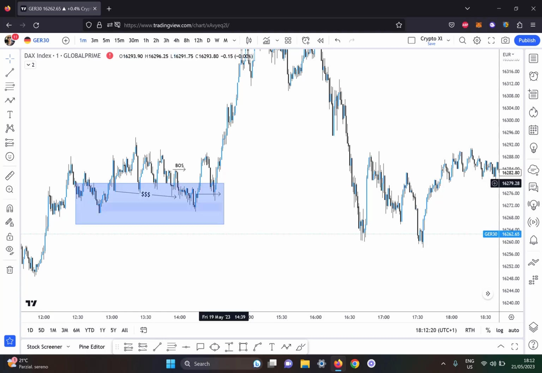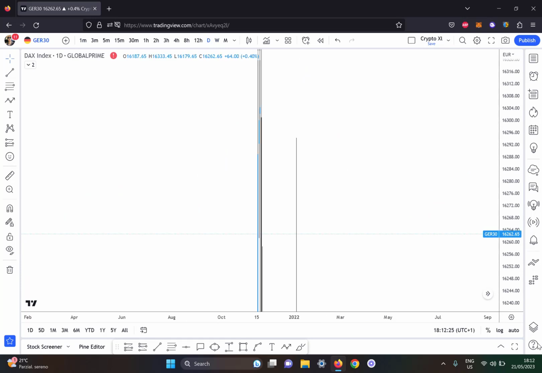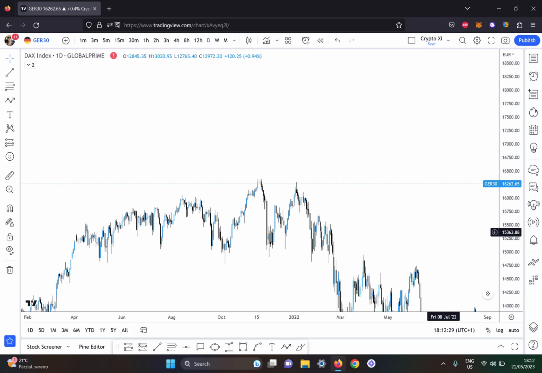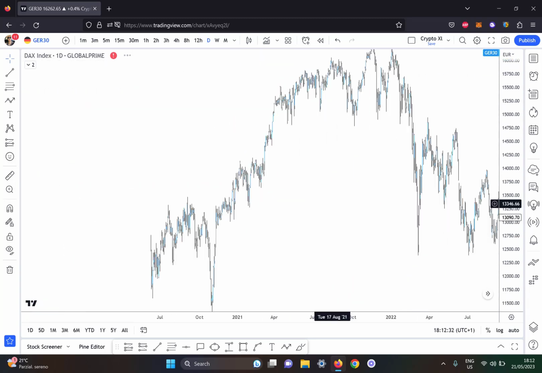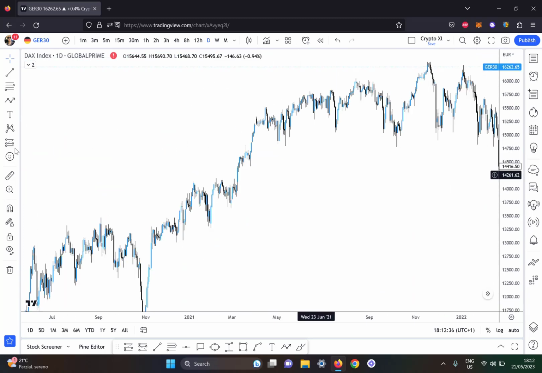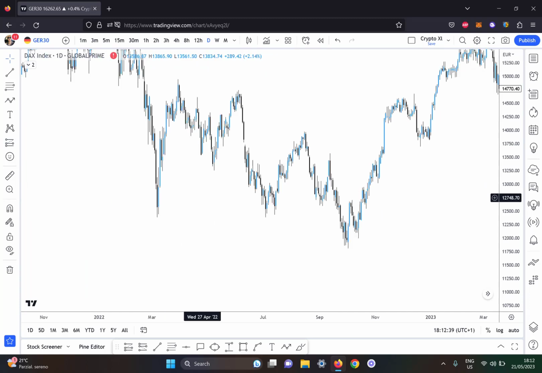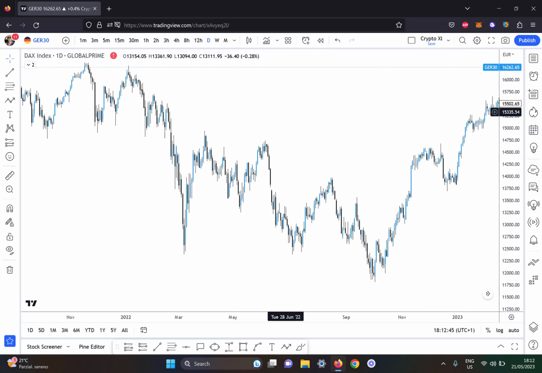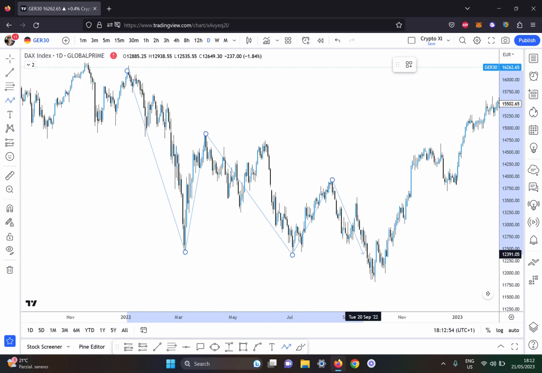So we can go on daily, and as you can see, the market structure is the same. For example, in that case, we can start from here, and you will find that the market, since this point, creates an impulse, a retracement, a new impulse, a retracement, and a new impulse.